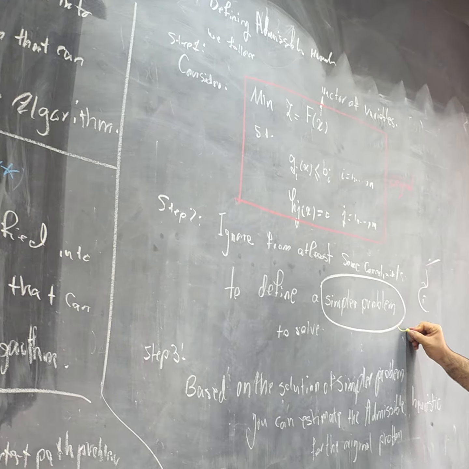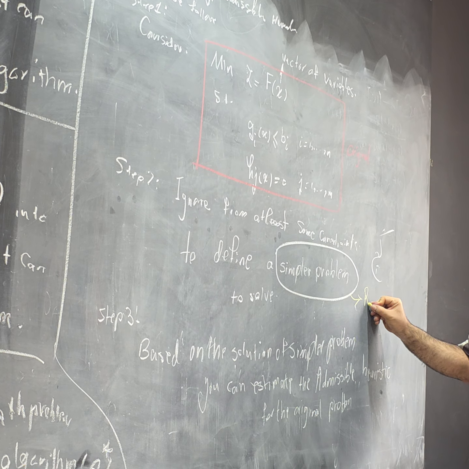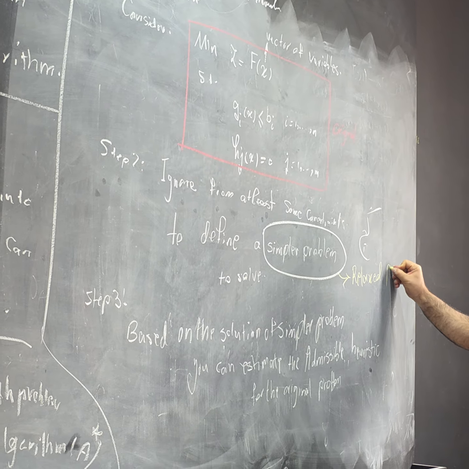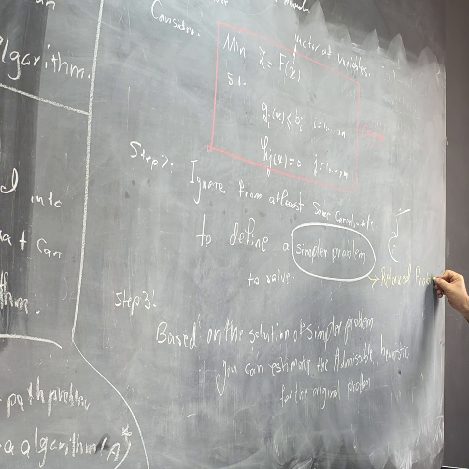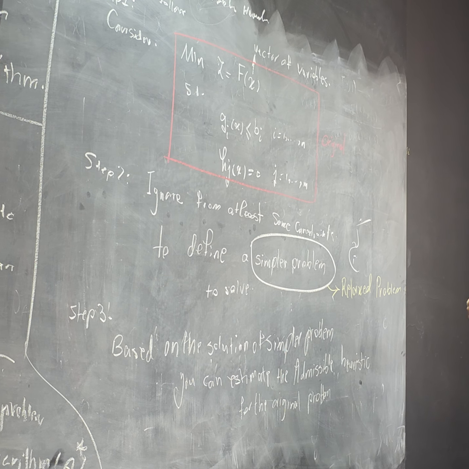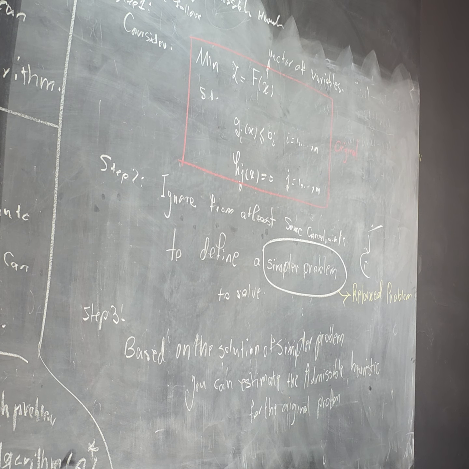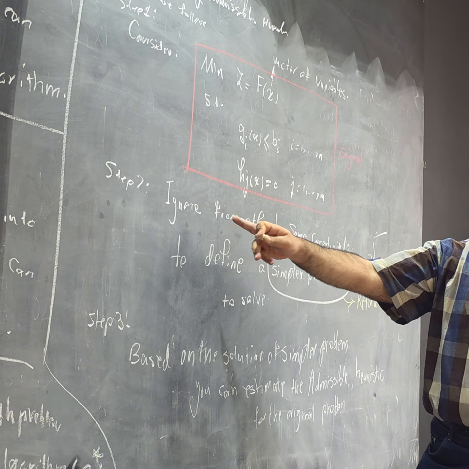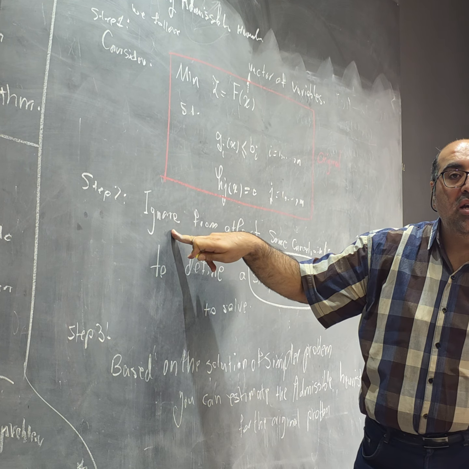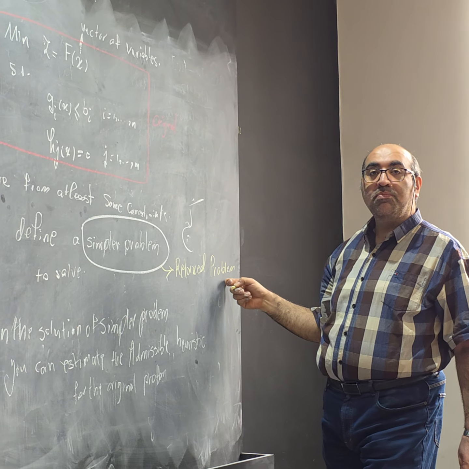In our book, we refer to the simpler problem as the relaxed problem. A relaxed problem is a problem where some of the constraints are relaxed. When you ignore some constraint, you relax the corresponding constraint from consideration. That is the meaning of the relaxed problem.